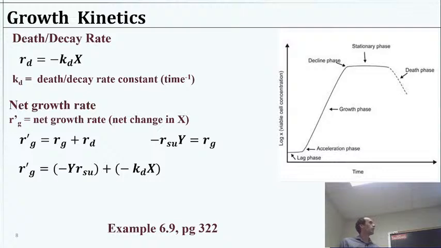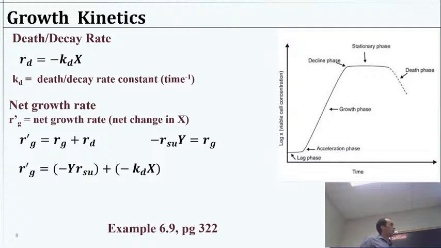So we'll have another rate constant, KD, and our RD will be negative KD X. It'll be first order, and KD will be a death and decay rate constant per time, accounting for the death there. That will give us a way to get a net growth rate.